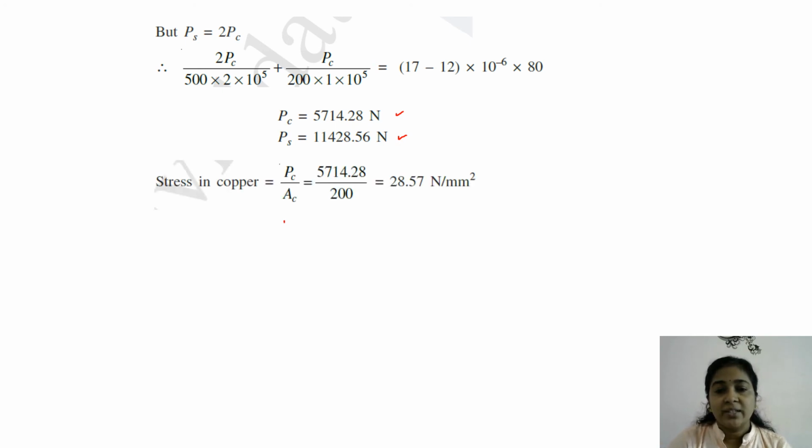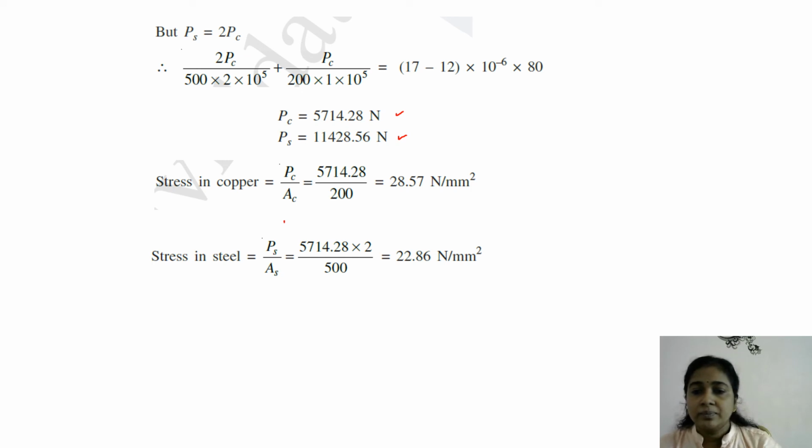Now the stress in copper is given by the force in copper divided by the area of copper, and the stress in steel is given by the force in steel divided by the area of steel. Steel is tensile. Stress in copper is compressive.